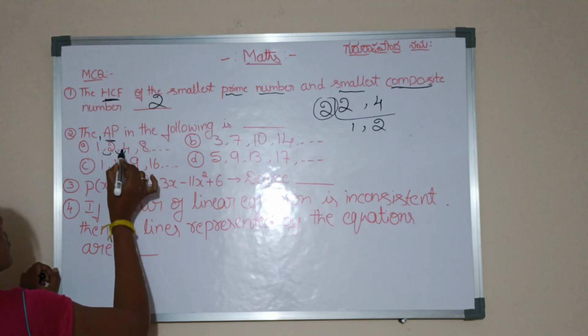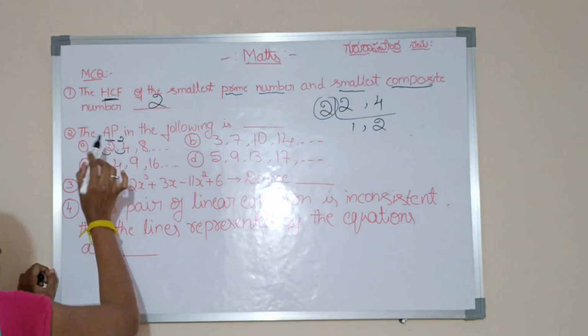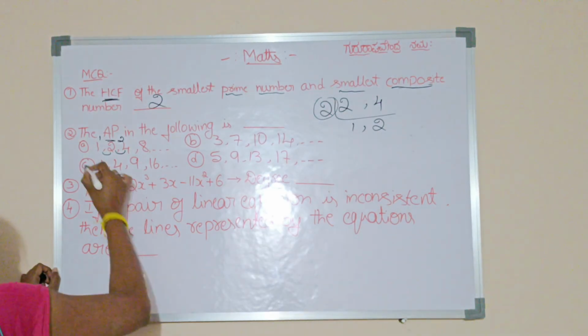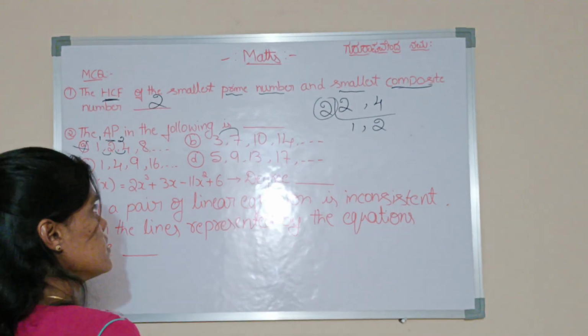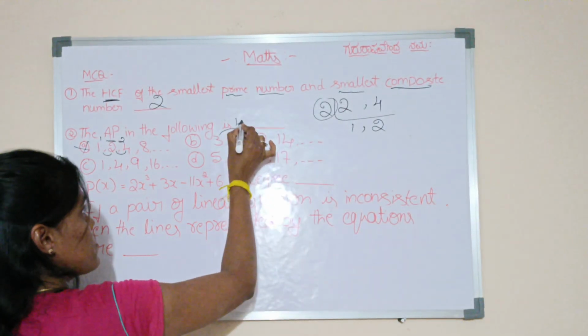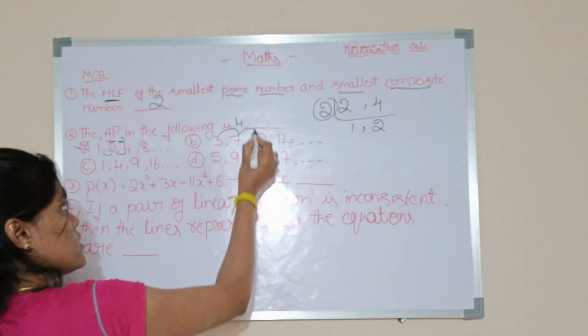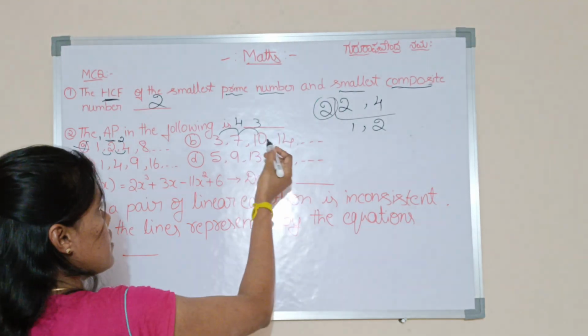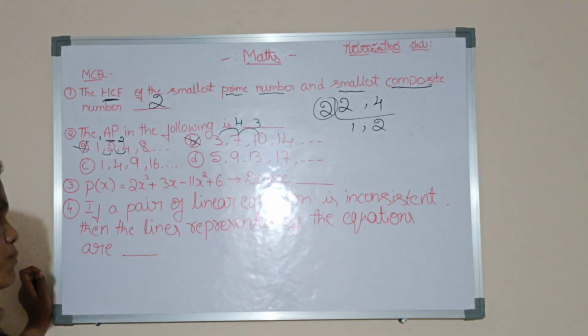Okay, difference between these two, that is 4 minus 2 means 2. Difference will not be same, so A is not possible. Then 7 minus 3 means 4. 10 minus 7, that is 3. Then common difference will be different, so B also not possible.